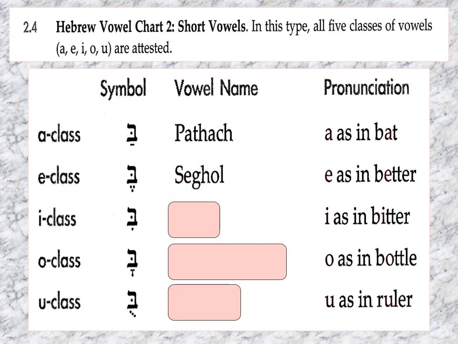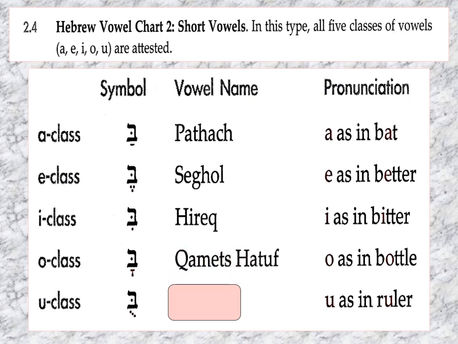As in bitter. Hirek. Good. Short O class. Aw as in bottle. Good. Komets hatuf. And then the short U class. As in ruler. Kibbutz. Good.